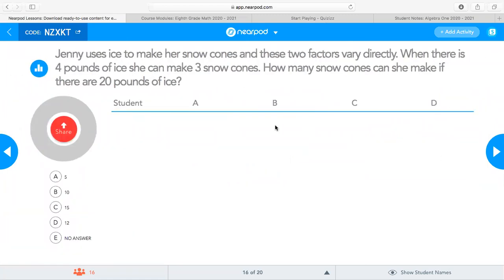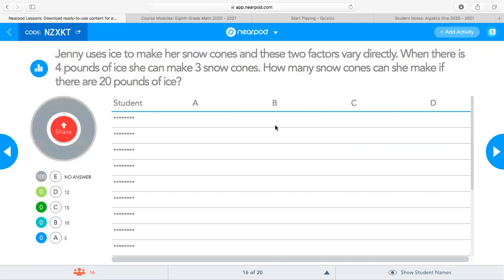All right, Judy uses ice to make her snow cones. And these 2 factors vary directly. When there's 4 pounds of ice, she can make 3 snow cones.